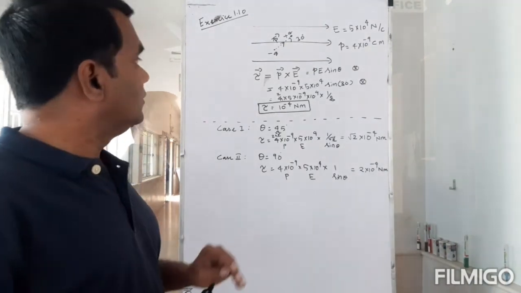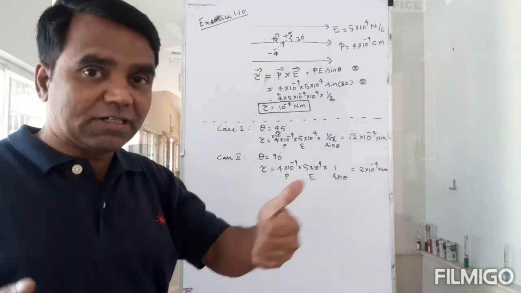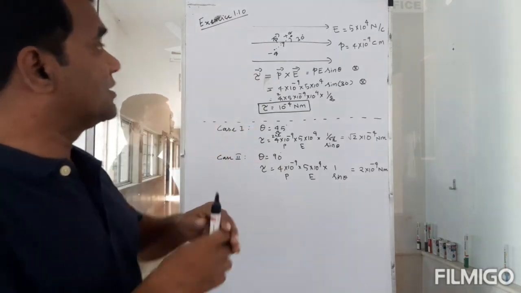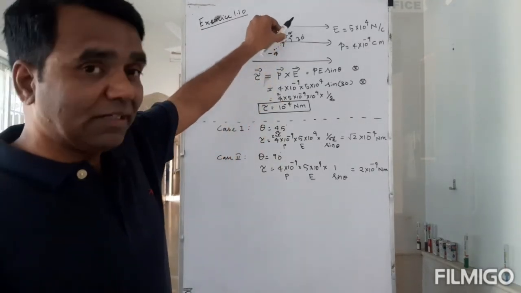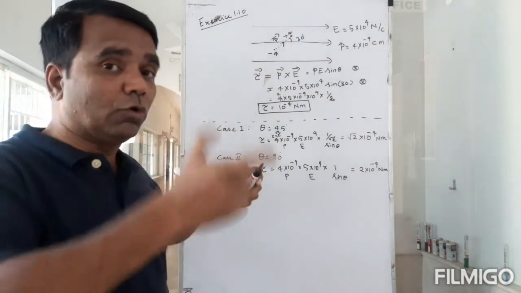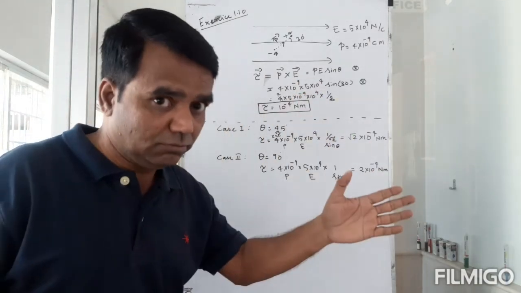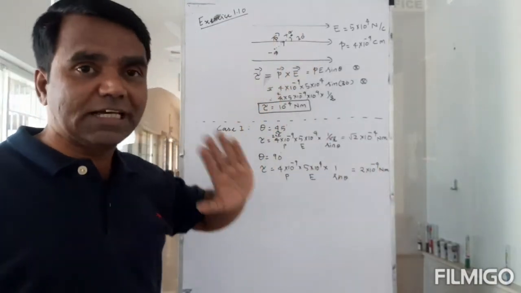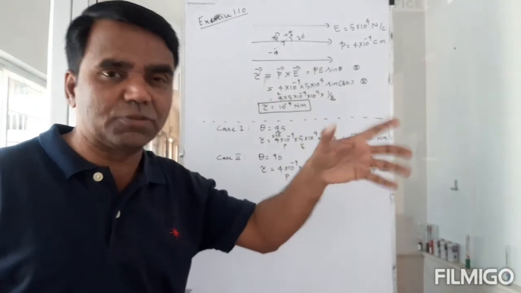Okay, so again, to summarize, if we keep a dipole in a uniform electric field, the net force on the dipole is 0, but the net torque on the dipole is not 0 except in one position.